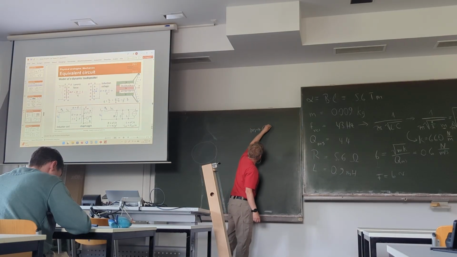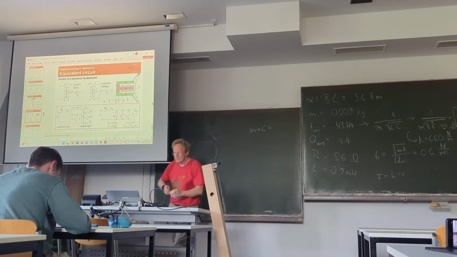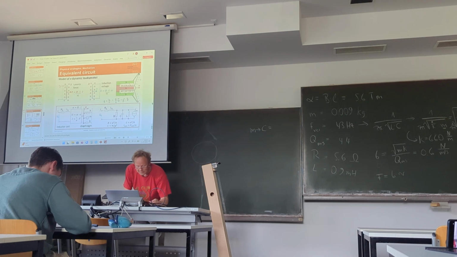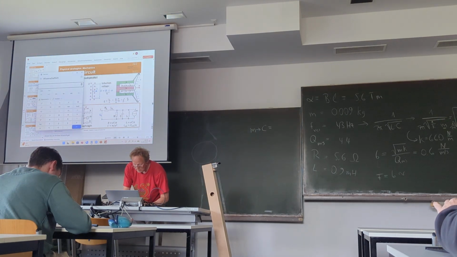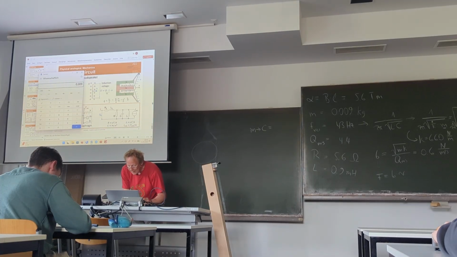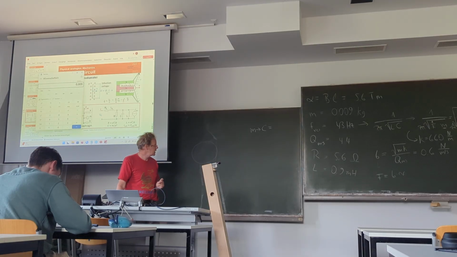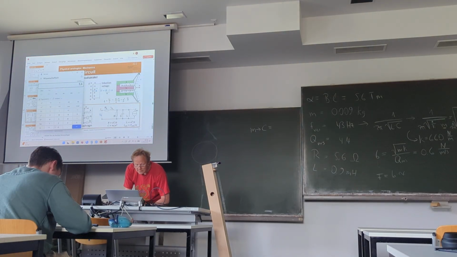Mass becomes capacity, and that is 9 grams, divided by alpha squared, divided by 5.6 squared.